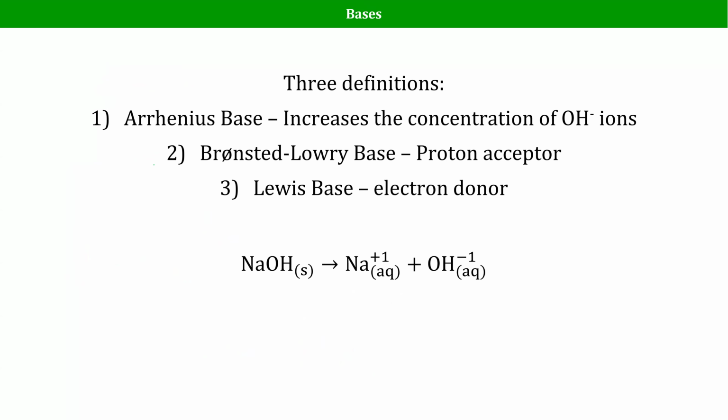An Arrhenius base just means it increases the concentration of hydroxide ions, which makes sense now that we understand equilibrium, right? Water in particular always has that auto ionization factor.